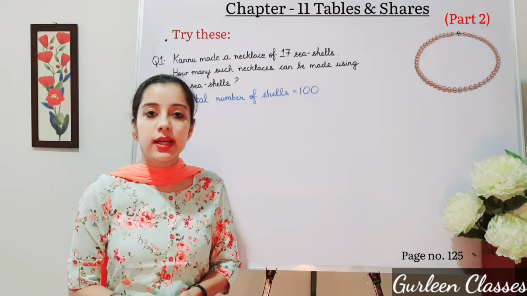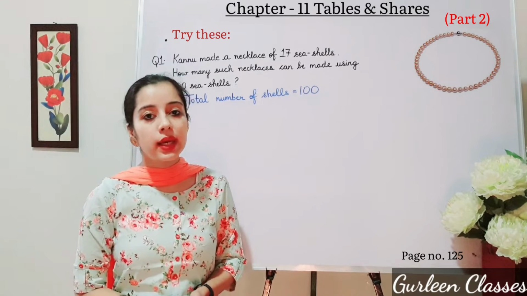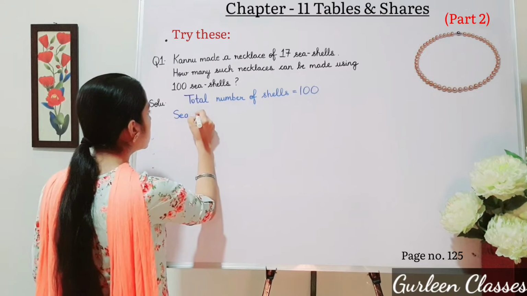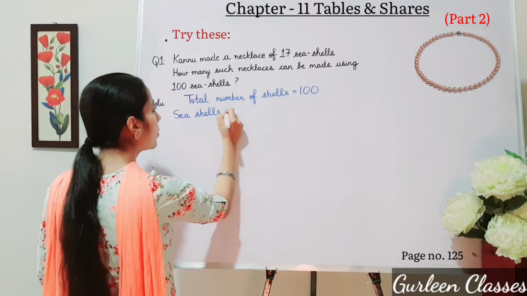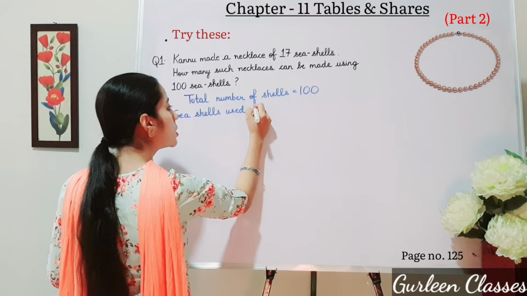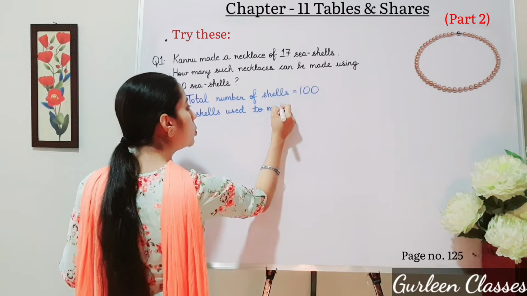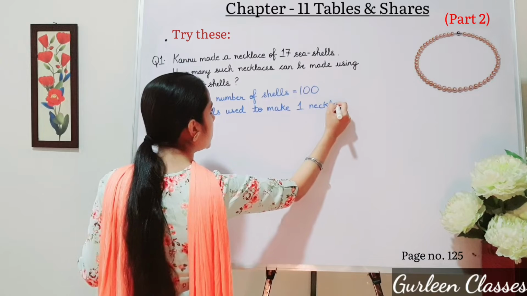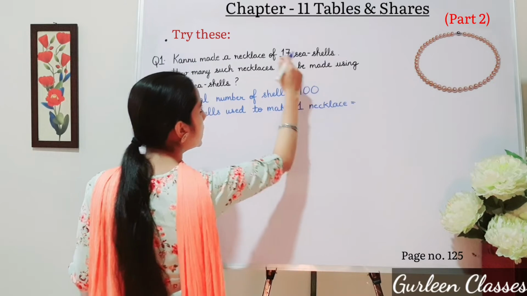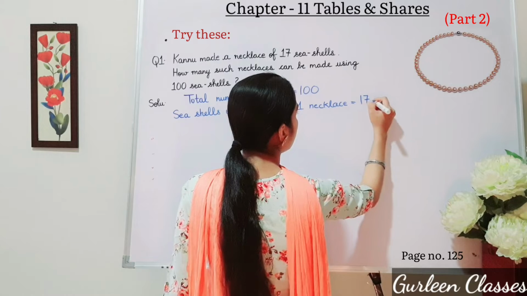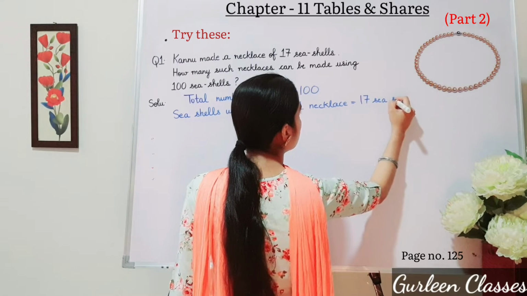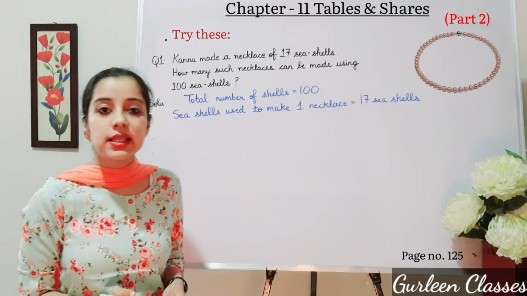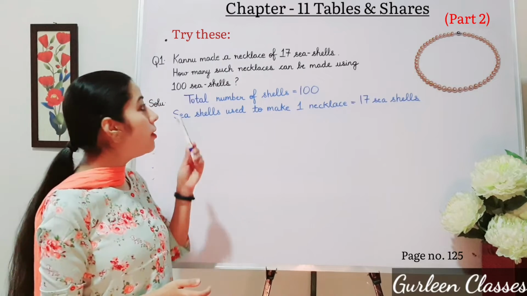So now let us write here seashells used to make one necklace. How many seashells are required to make one necklace? 17 seashells. Now they are saying how many such necklaces can be made using 100 seashells.